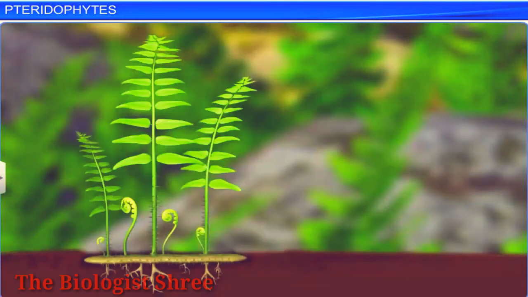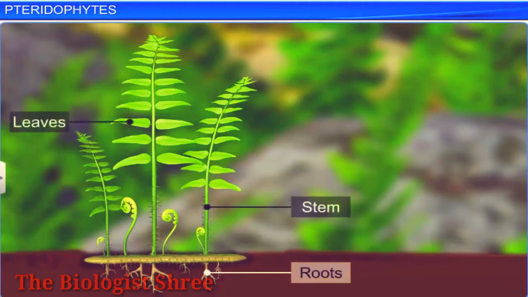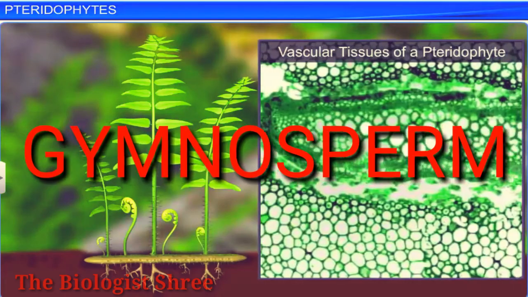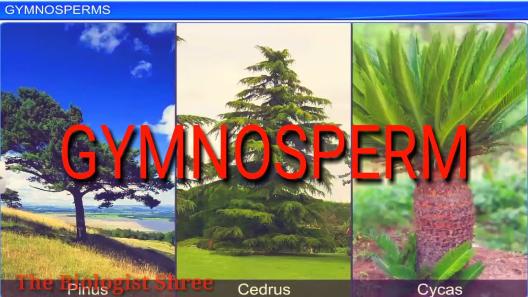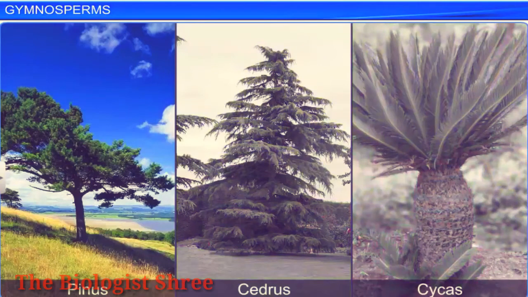These pteridophytes occupy an important place in the plant kingdom, as they were the first plants to have true roots, stems and leaves, as well as vascular tissues. It is common to find trees such as Pinus, Cedrus, and Cycas growing in the cooler regions of India.